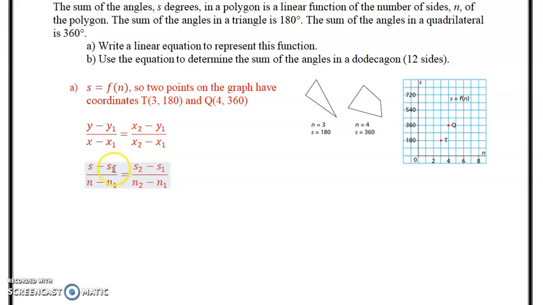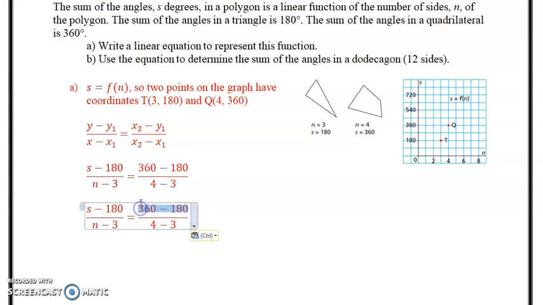The first one we'll use is the triangle. So s was equal to 180, n is equal to 3. The same ones go on the other side. And then we just plug in the 360, the second one, which is the quadrilateral, and that's 4.